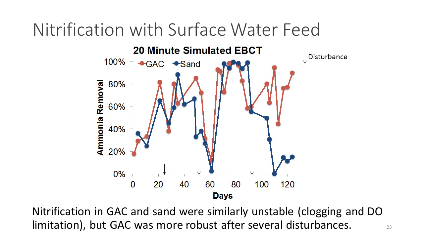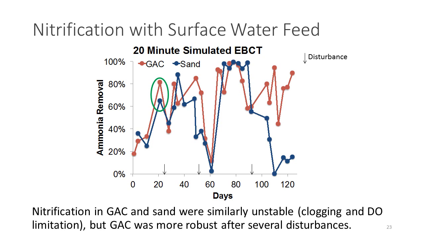So onto the surface water nitrification. Over here again, we have ammonia removal in days, and the sand is blue and GAC is red. So what's apparent over here is that we see nitrification actually starting from this point where you see the circle, but it was really very unstable throughout, and it looked the same for both of the biofilters.